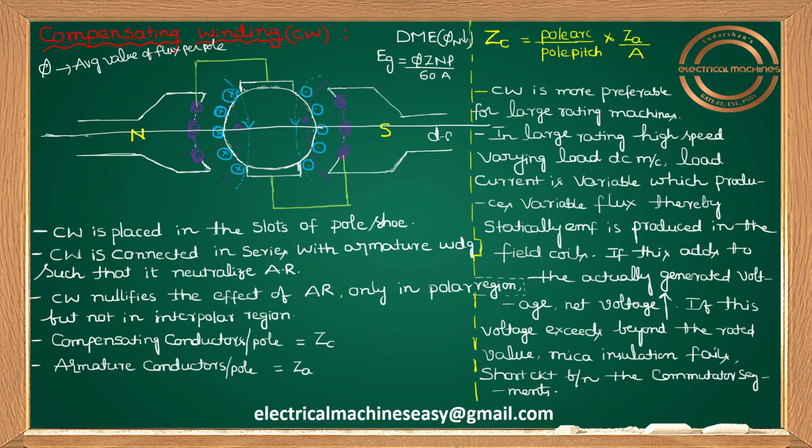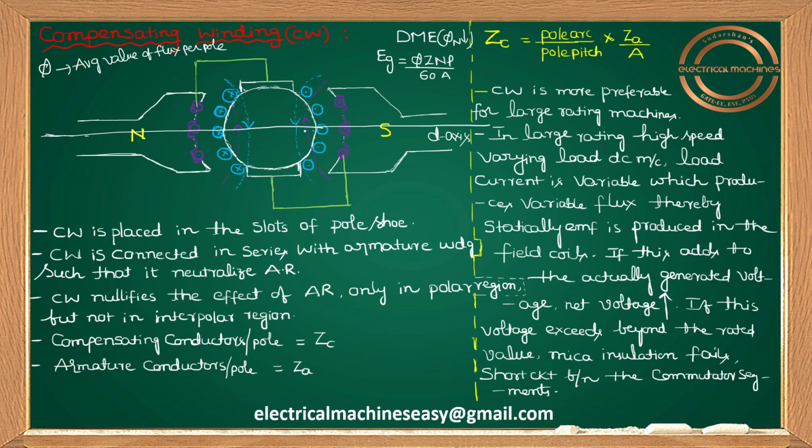The direct axis, d axis. That means if you want to reduce the demagnetizing effect, that is, the reduction of average value of flux per pole, we need to do some compensation along the d axis, along the direct axis, along the polar axis, because I need to improve the average value of flux per pole.